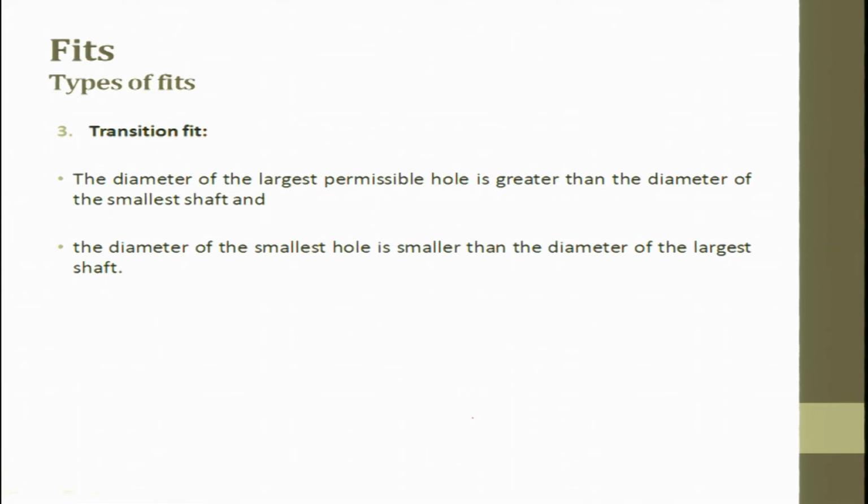Transition fit, I told you very clearly, is the transition between clearance and interference. In between, the diameter of the largest permissible hole is greater than the diameter of the smallest shaft, and the diameter of the smallest hole is smaller than the diameter of the largest shaft.